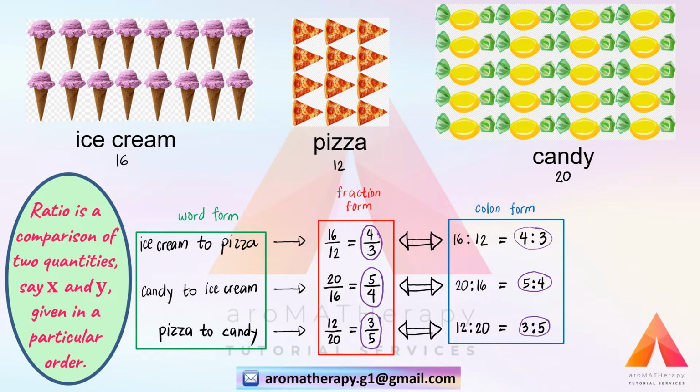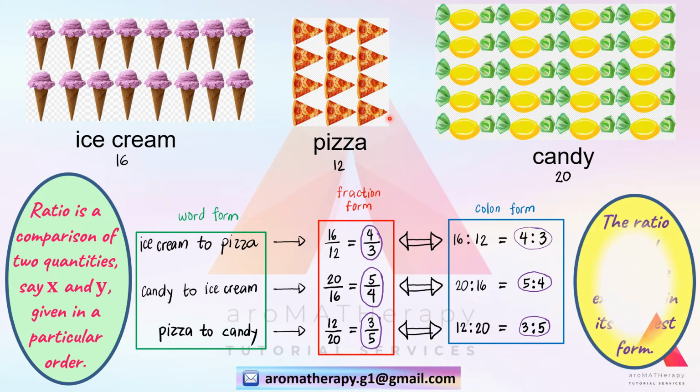Now, paano nyo malalaman na simplified form sila? Take a look at the numerator and denominator. What is the greatest common factor of the numerator and denominator? 1. Kapag wala nang makadivide sa kanila, or if their greatest common factor is 1, then the ratio is in simplified form.